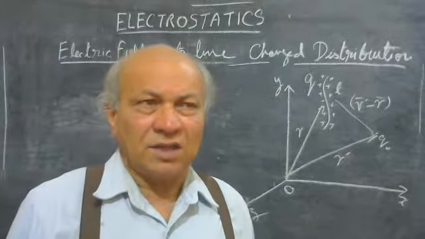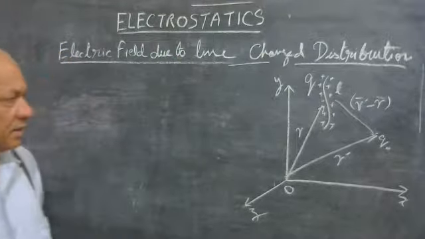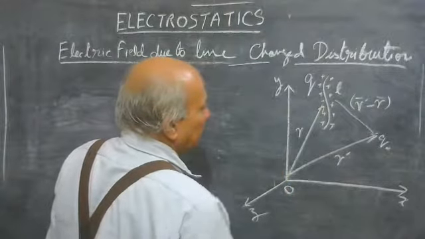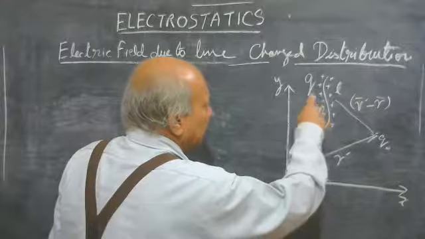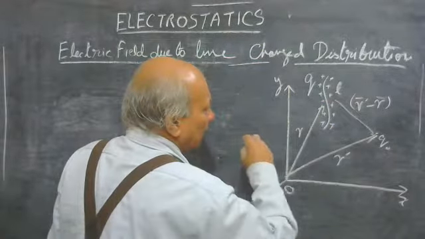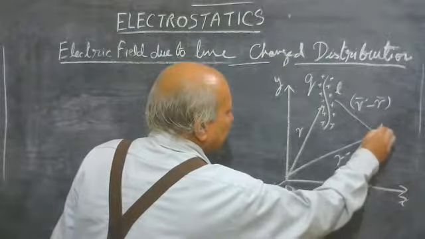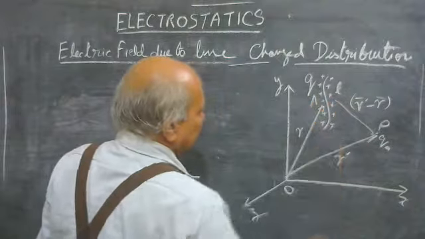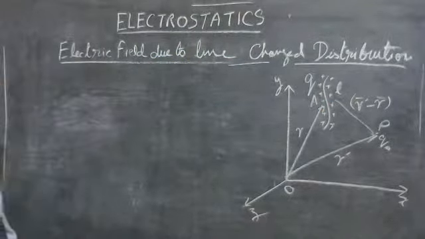Now, electric field due to line charge distribution. In 3 dimensions, a line charge L is placed with charge Q and a unit charge Q0 is placed at P, and this point is A. Electric field.